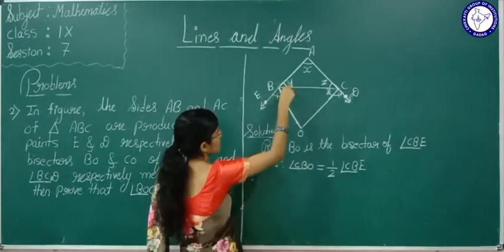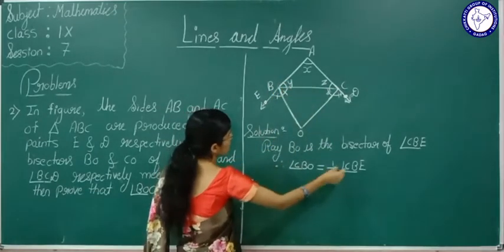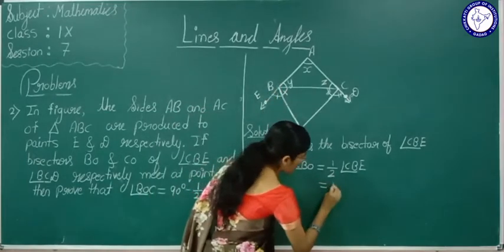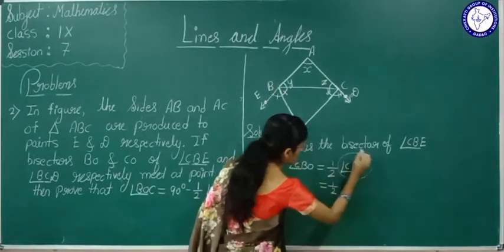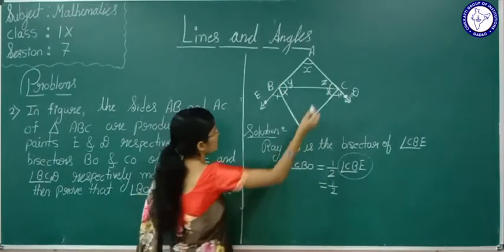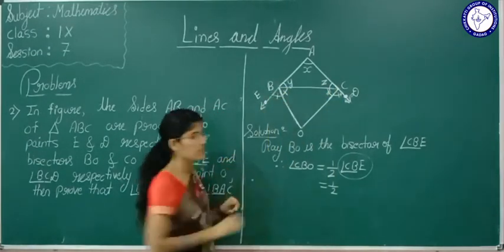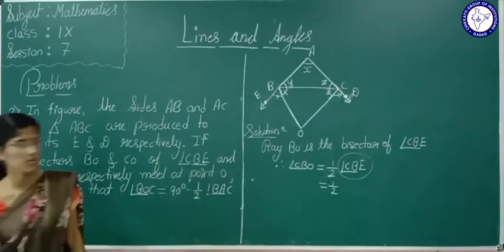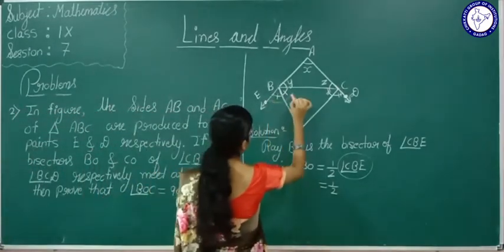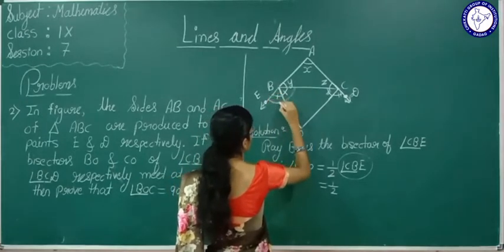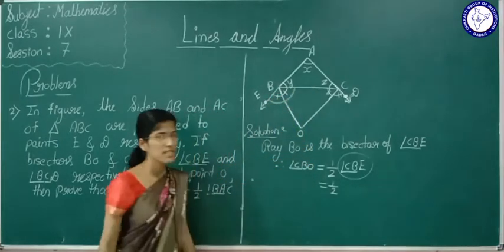See, angle CBO is half of angle CBE. Now tell me, what is angle CBE? How much will this angle indicate?